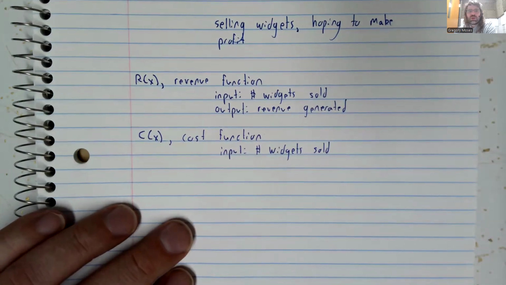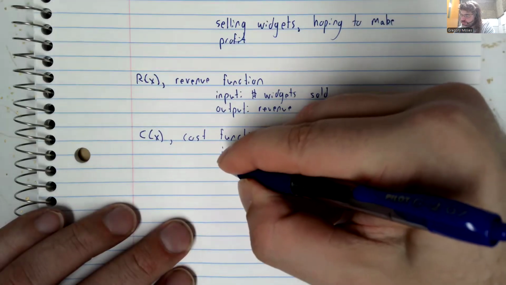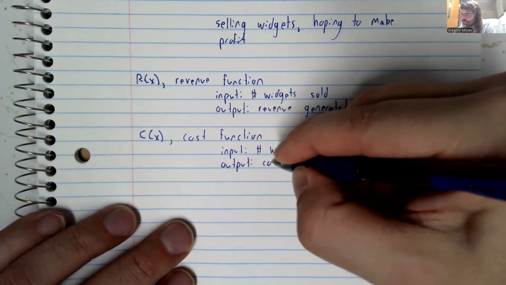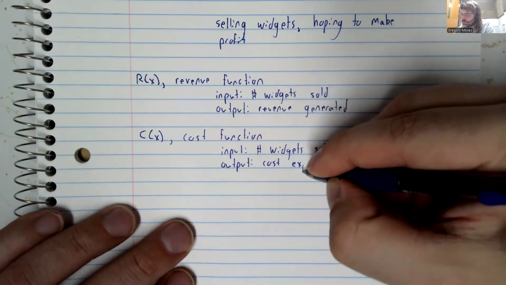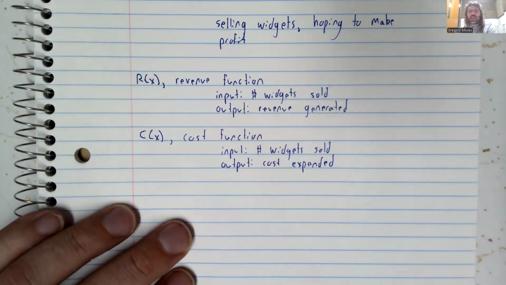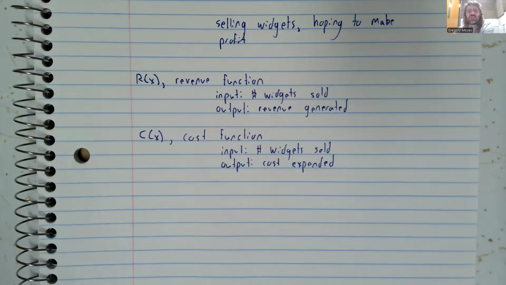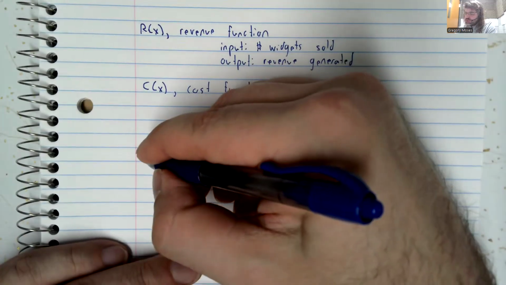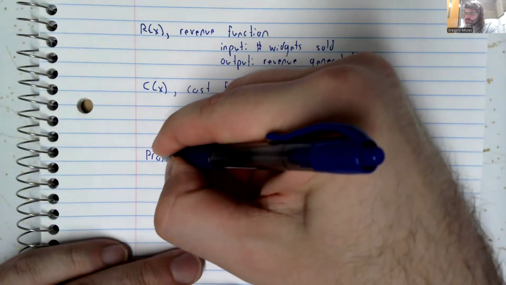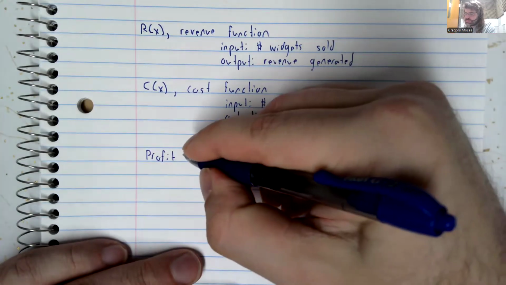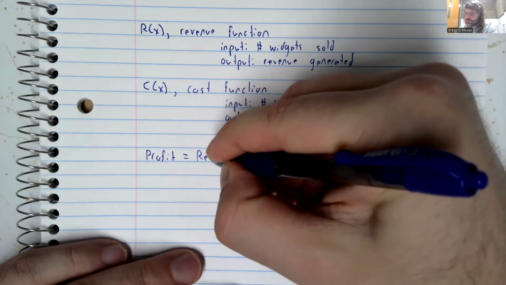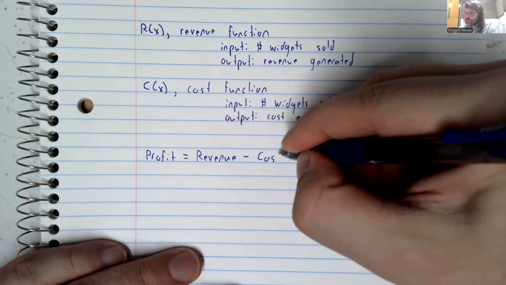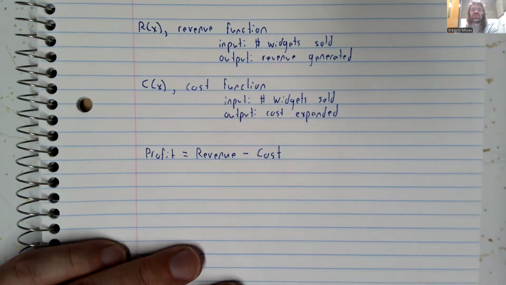The input is how much you're selling, and the output now is the cost expended. So profit is the revenue minus the cost.